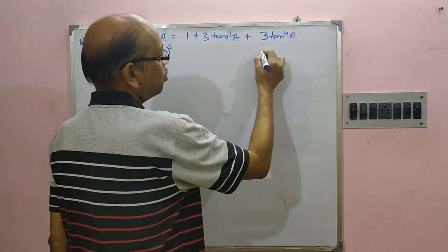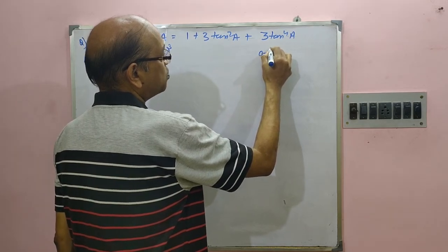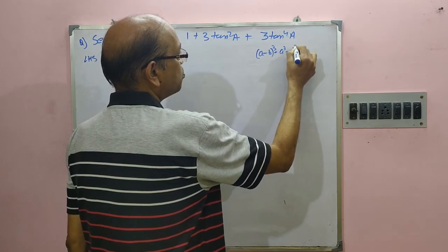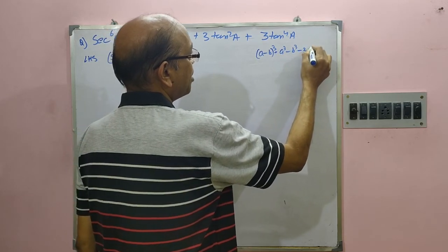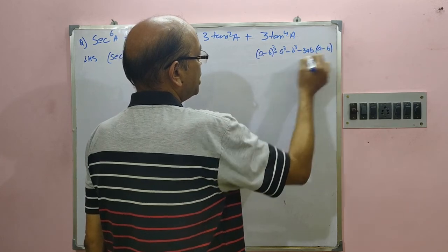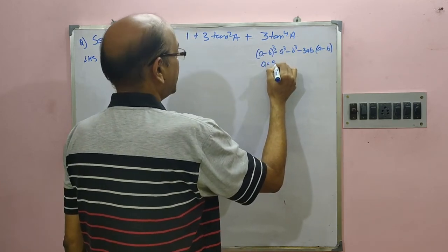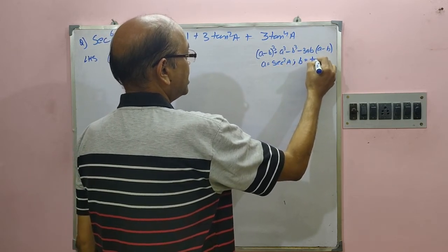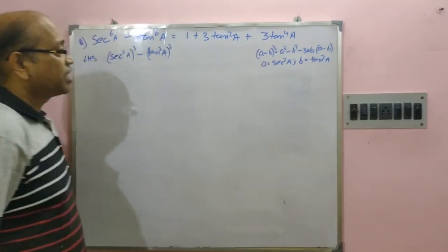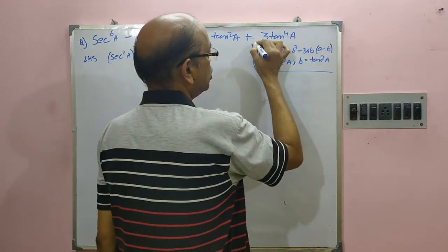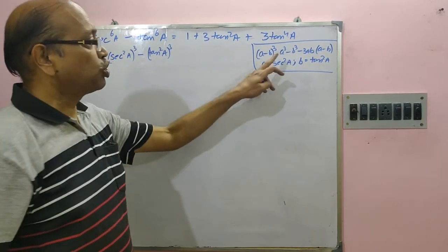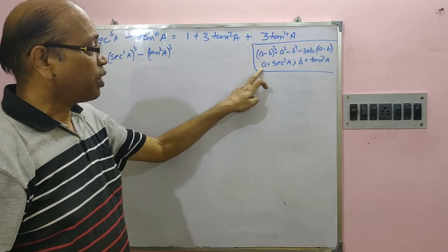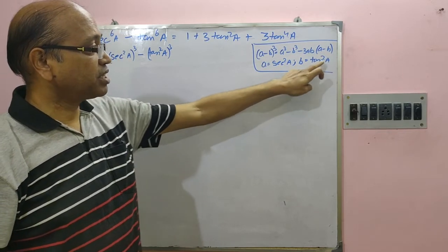Now we again know a minus b whole cube is a cube minus b cube minus 3ab into a minus b, where I am taking a as secant square a and b as tan square a. Clear? I should know this formula.